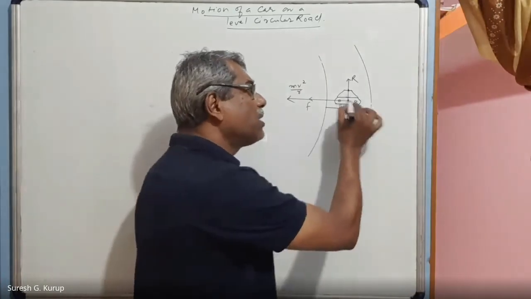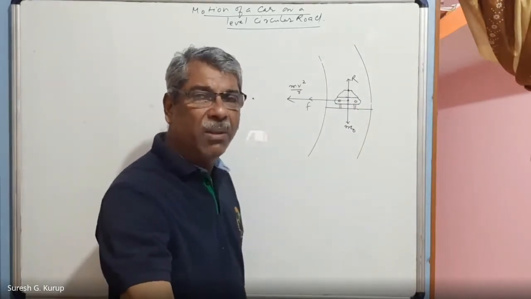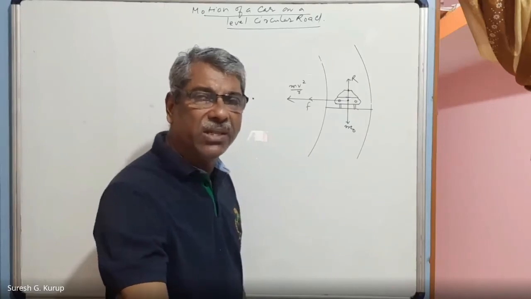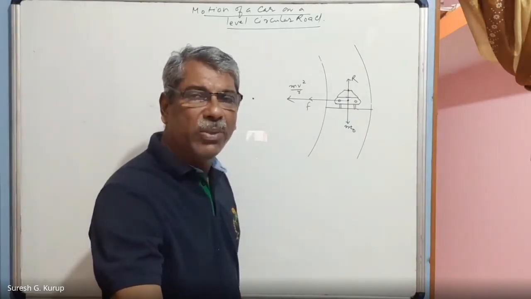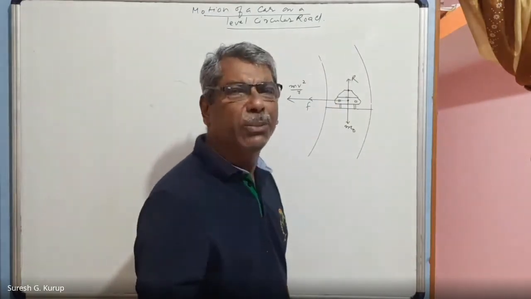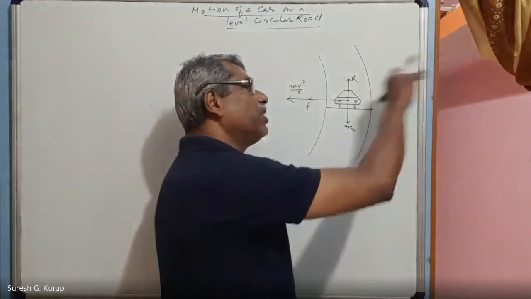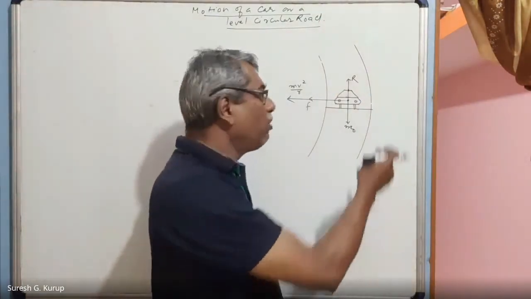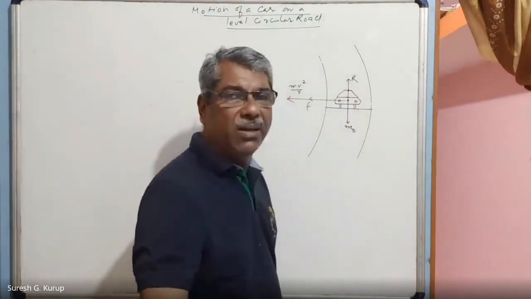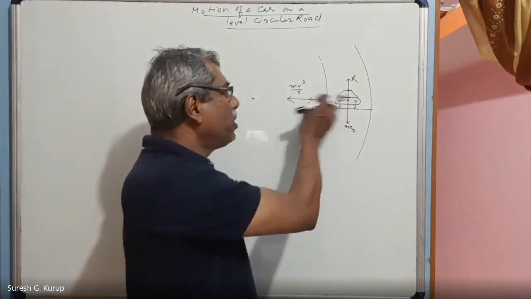As I told you just now, centrifugal force is only experienced, but its reality cannot be established, right? So the car has a tendency to skid away from the circular path. The skidding direction is away from the circular path. Therefore, the force of friction is in the opposite direction. Force of friction is acting toward the center.